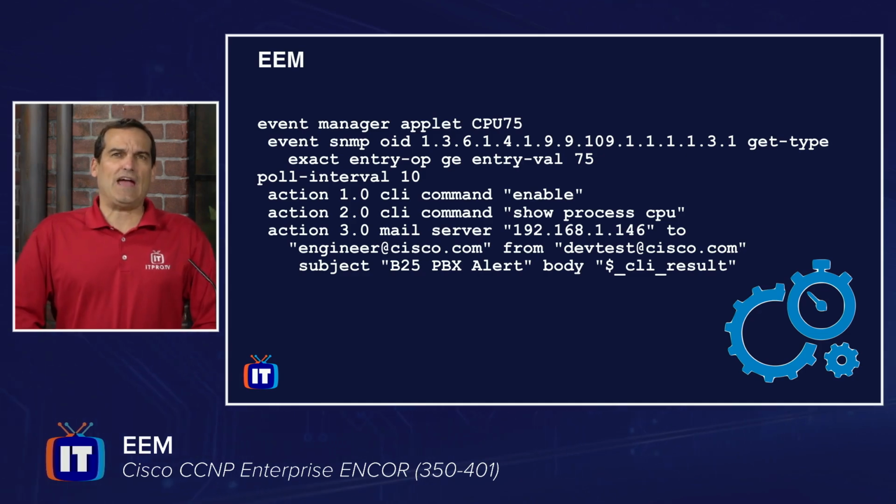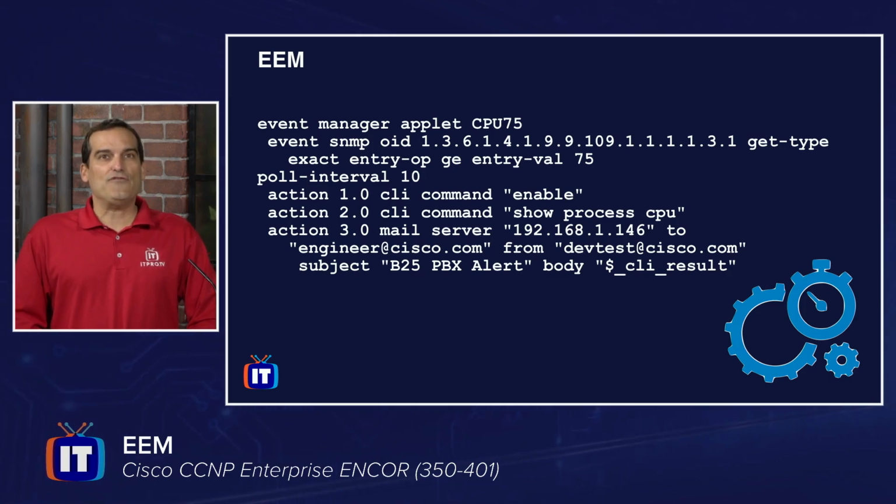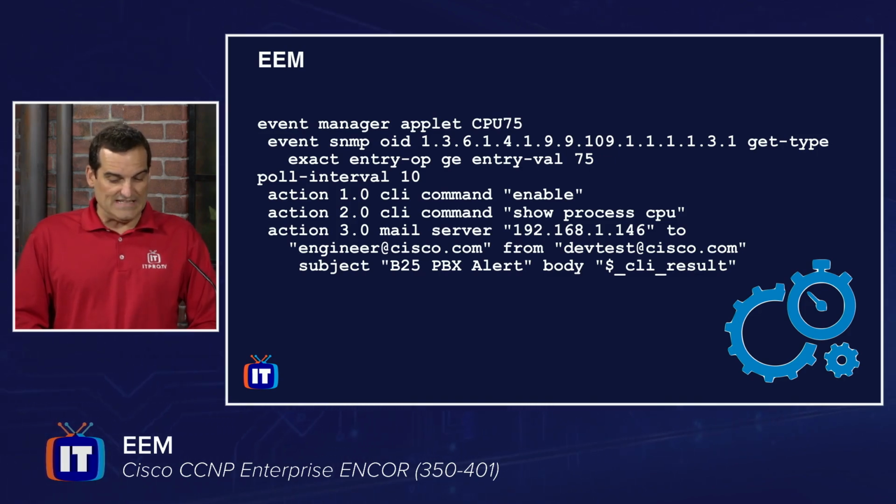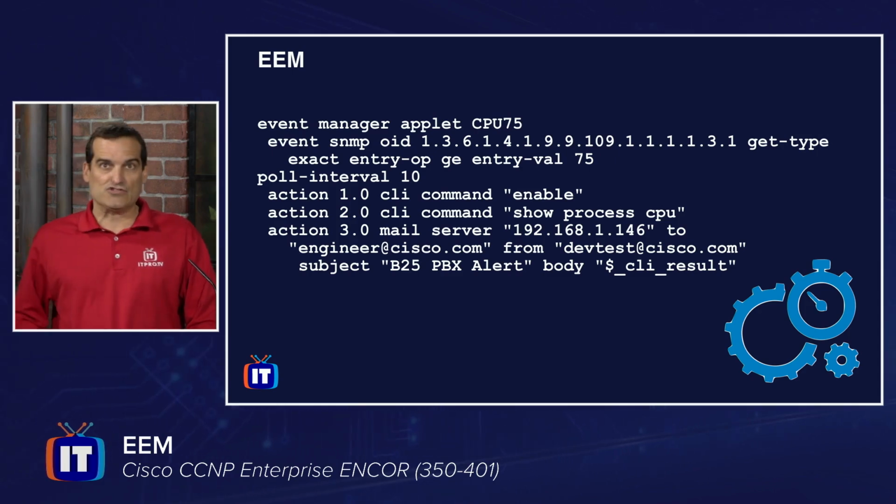So Event Manager Applet, this one I named CPU 75. We have Event Simple Network Management Protocol this time, Ronnie, a different event detector. The object ID is big, long string of numbers because SNMP is kooky like that. The get type is exact. The entry op is greater than or equal to, and the value is 75. So you can see what we're doing here.